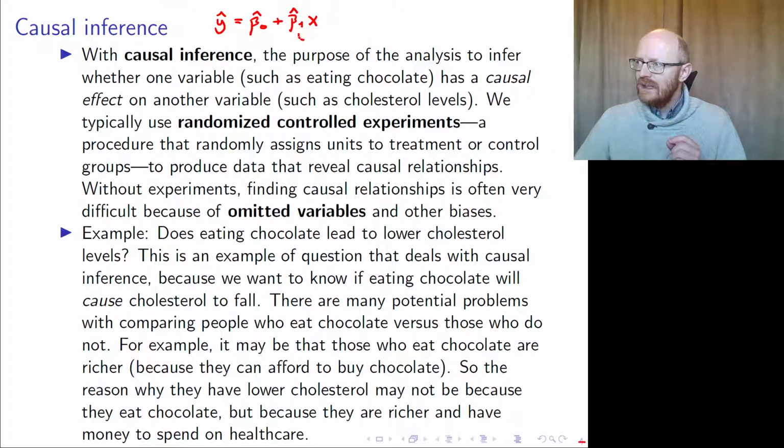You're interested in this coefficient, okay? This coefficient. And often you're interested in the slope, not the intercept, okay?